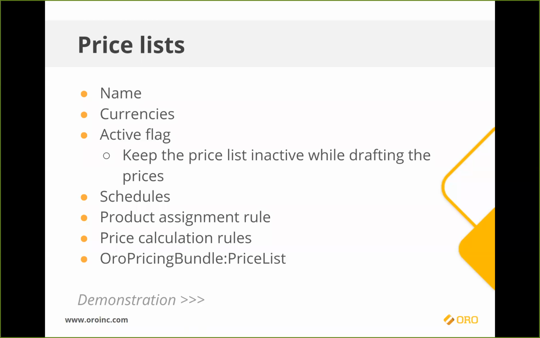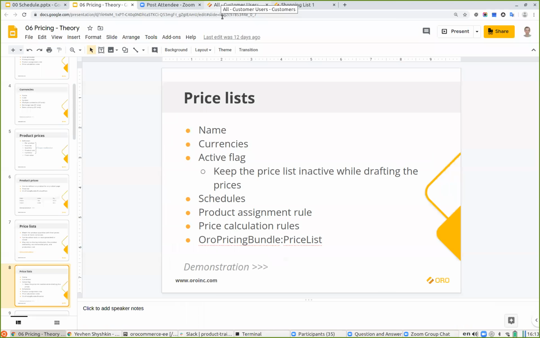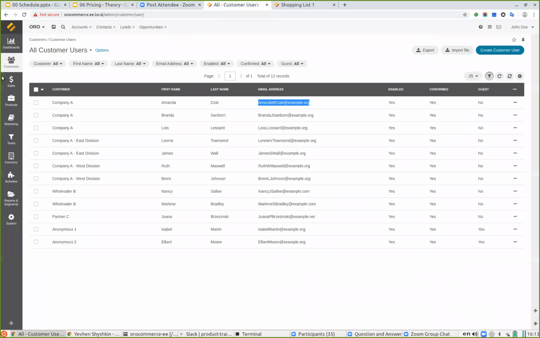A list of schedules, which allows you to make the price list available or unavailable during some periods of time. Product assignment rule, price calculation rule, and all this is stored as the entity called price list in the pricing bundle. I'm going to skip product assignment rule and price calculation rules for now, and let's concentrate on the first parameters here. Let's try to add a new price list in the management console to see how it works.